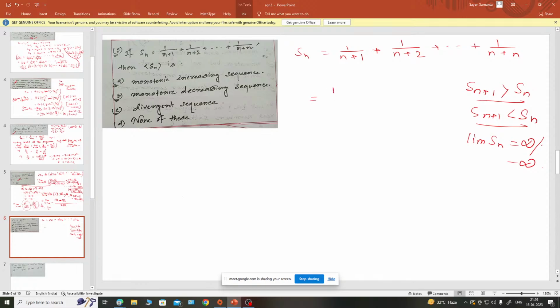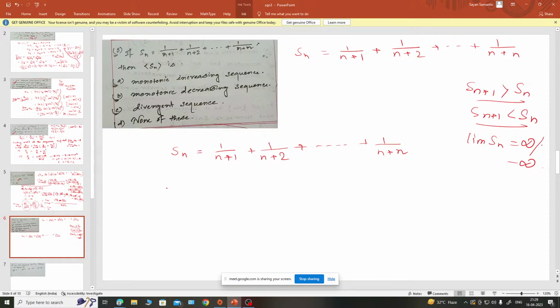So this problem we can write x Sn equals to 1 by n plus 2, 1 by n plus n.